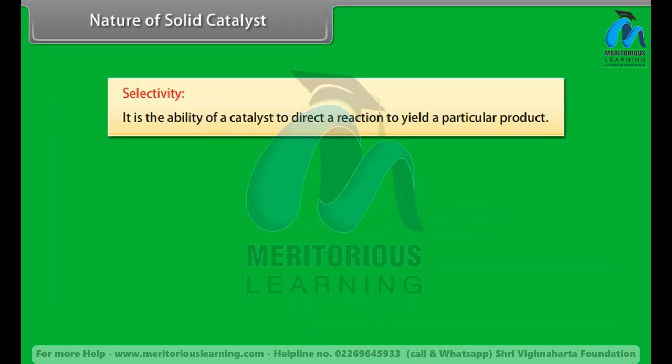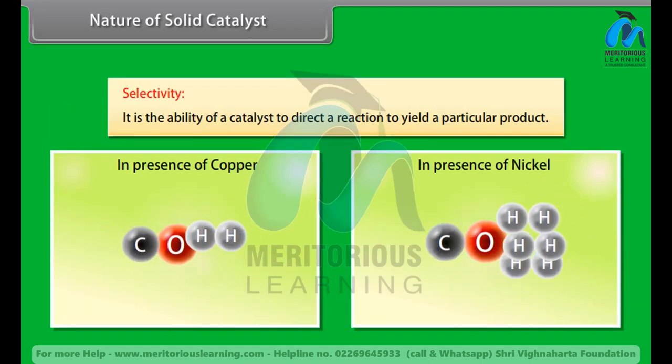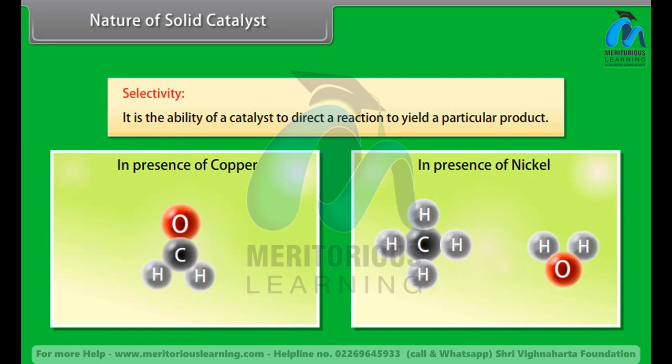Selectivity: it is the ability of a catalyst to direct a reaction to yield a particular product. For example, carbon monoxide and hydrogen react to give different products in presence of different catalysts.